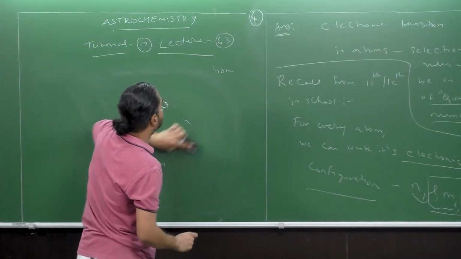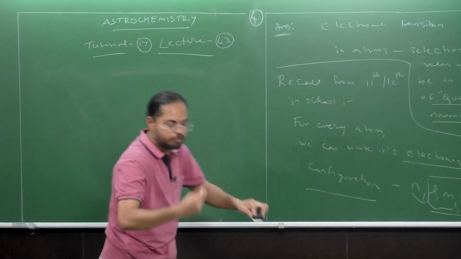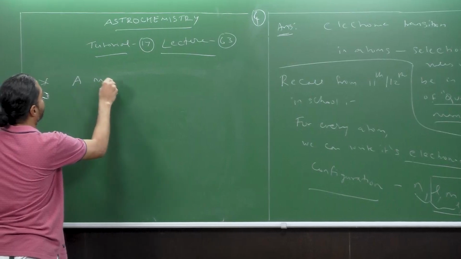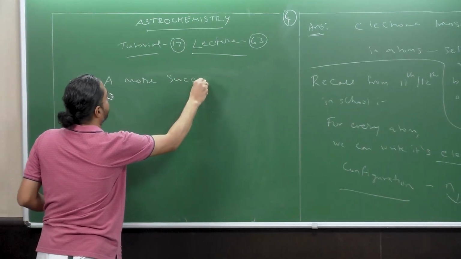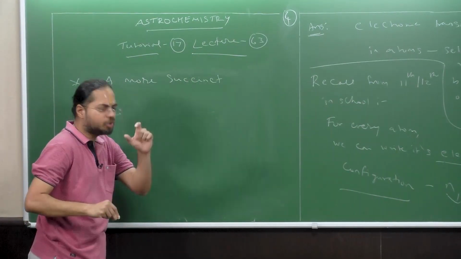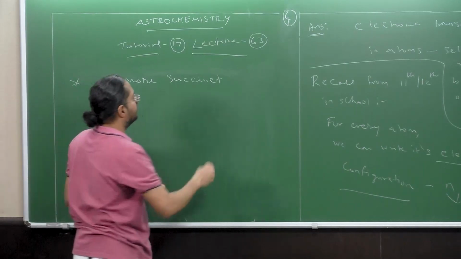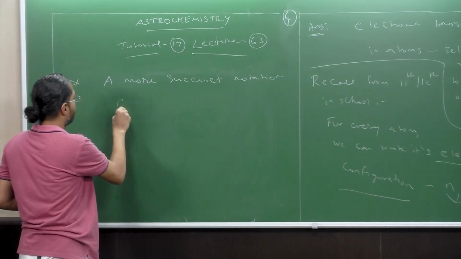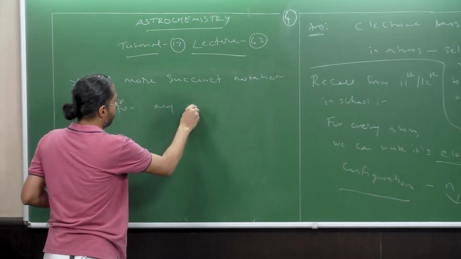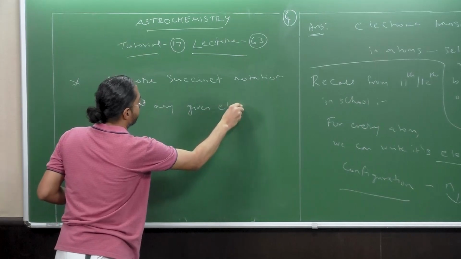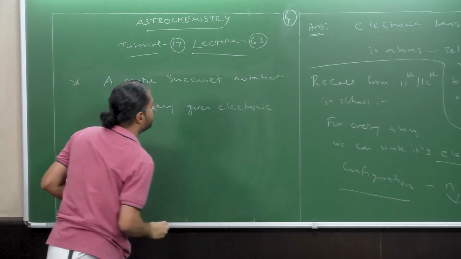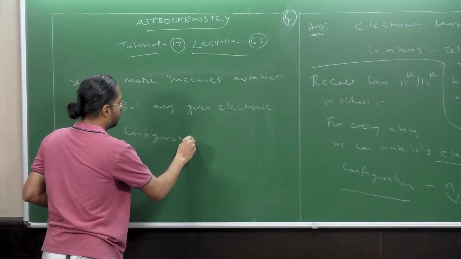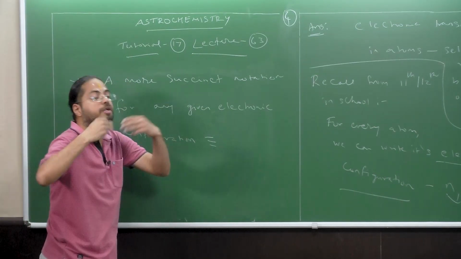I'm now going to be introducing a new terminology called the term symbol. It is that a more succinct or a more precise and shorthand notation for any given electronic configuration is what is called a term symbol.